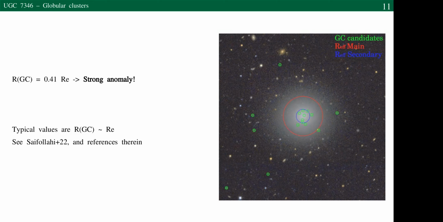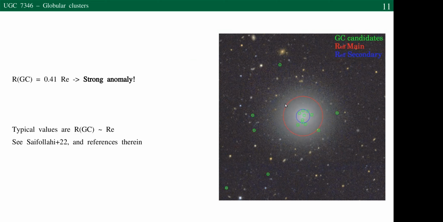You can notice that the concentration of the globulars can be of the order of the effective radius of the secondary stellar component. But I've shown previously that the colors of the globular clusters are only compatible with the red main component. So we should look to the red circle, which is the effective radius of the main component.